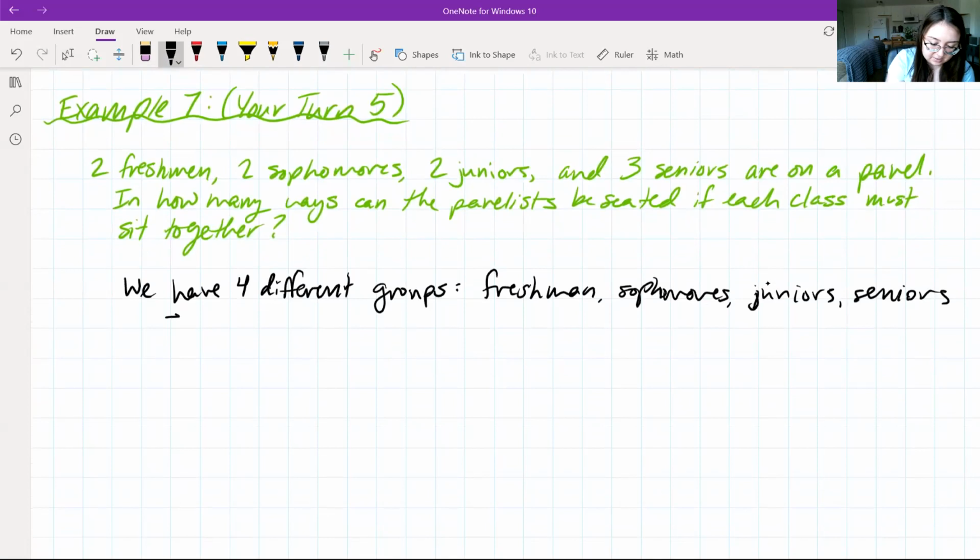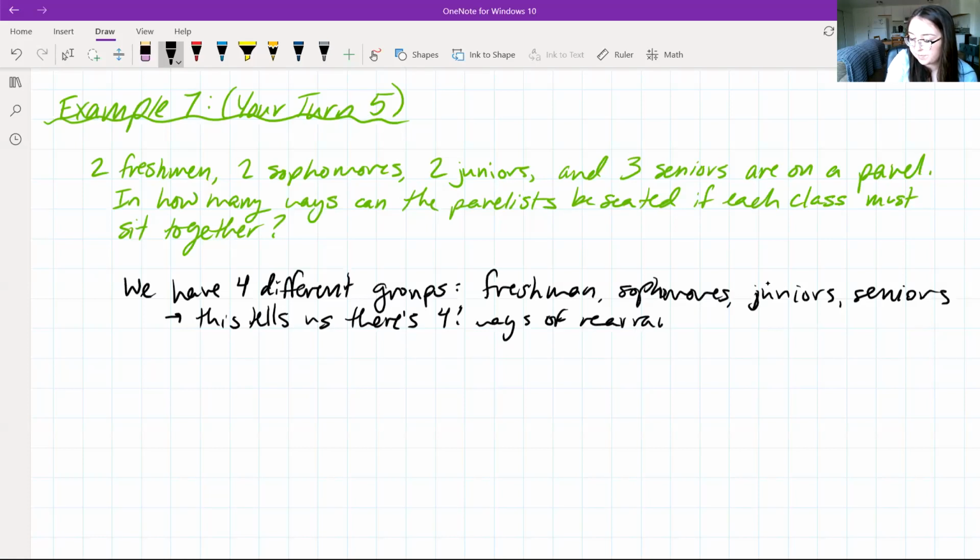This tells us that there's 4 factorial ways of rearranging just by class.